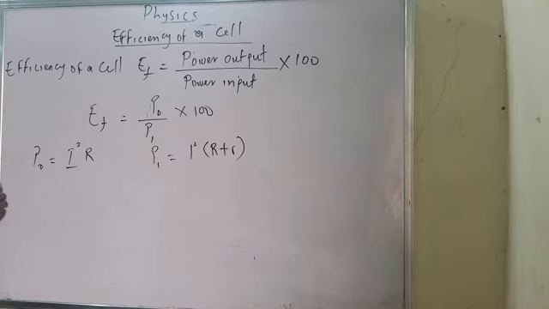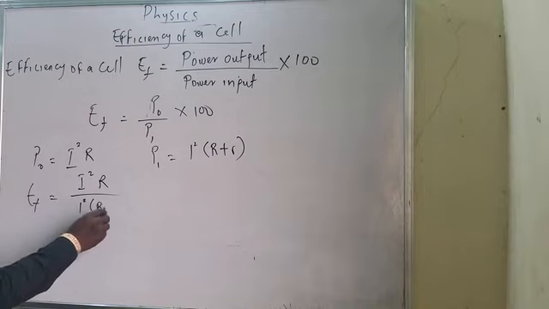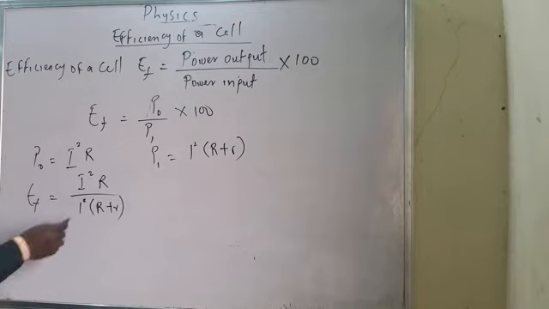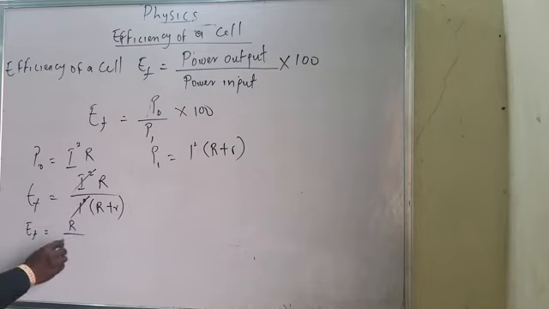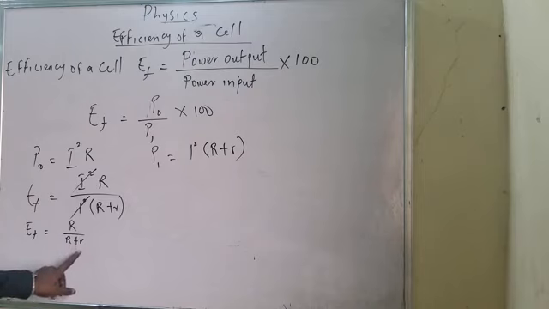That is to say, efficiency will be equal to V squared over R divided by V squared over R plus r. Now, we cancel this, so it means efficiency equals R divided by R plus r. And I've told you earlier that my big R is the external resistance, while my small r is the internal resistance. Please take note of that. Very, very important.